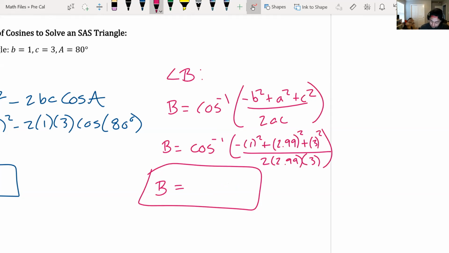Yeah, this is actually 19.22 degrees. I typed in 2.9. I forgot the other 9, so make sure you type in 2.99. Okay, there it is.